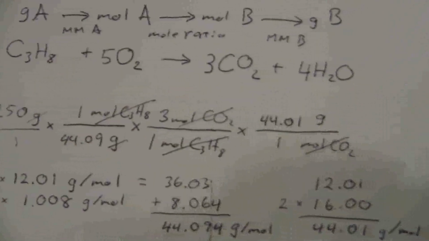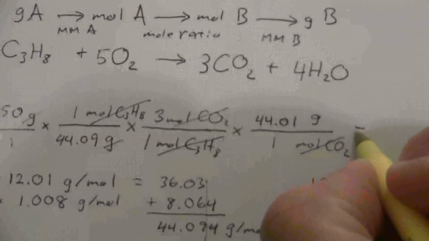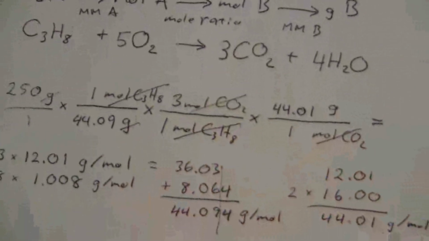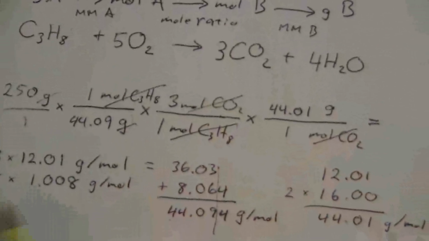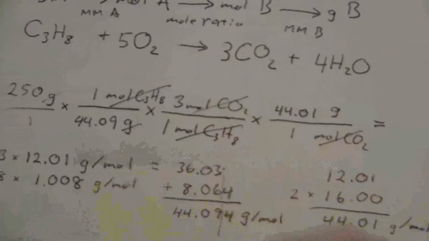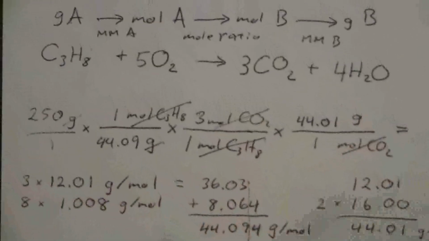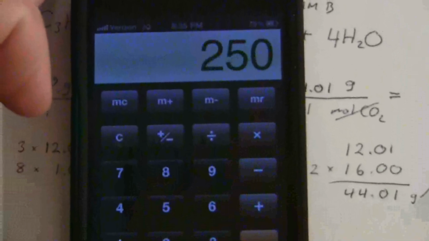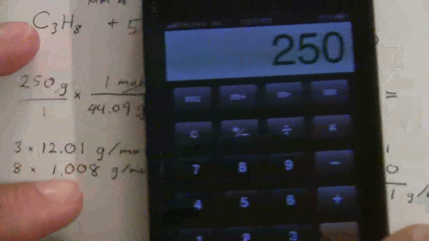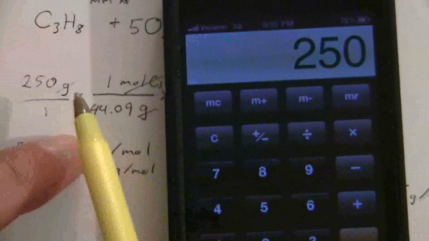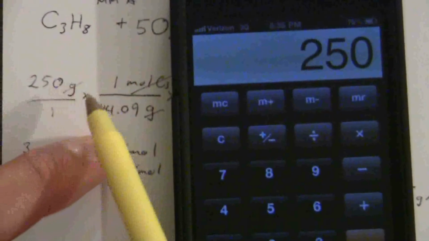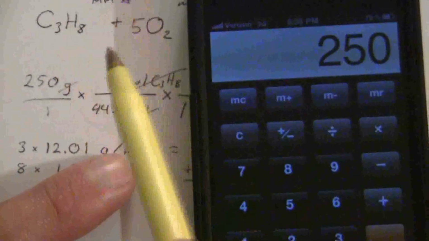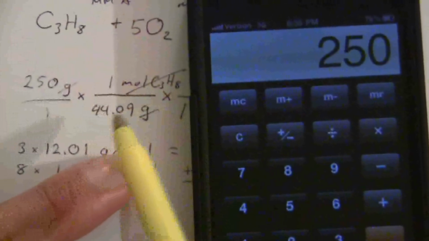Now let's go ahead and calculate this and find out how many grams of carbon dioxide will actually be produced. So here we have 250 grams to start with, and then you can read this as 250 times 1. Well, we don't have to do that because we know it's the same, and then divided by 44.09.